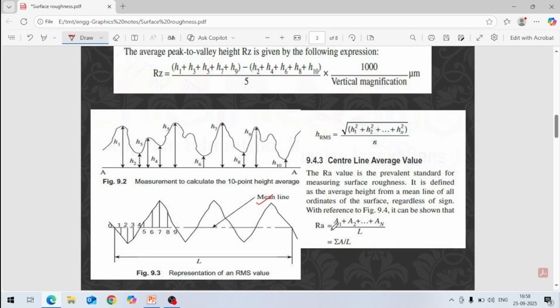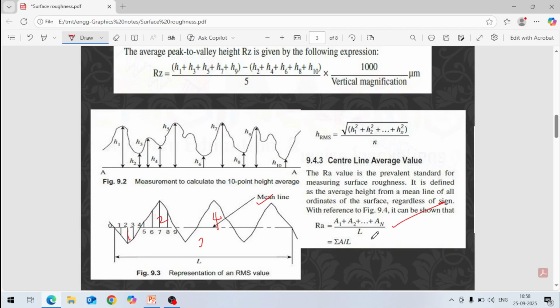RA value is A1 plus A2 plus up to An divided by L, sigma A upon L. If you add all these areas, this is area 1, this is area 2, this is area 3, and this is 4, and divide by L, the total length, this will be the RA value.